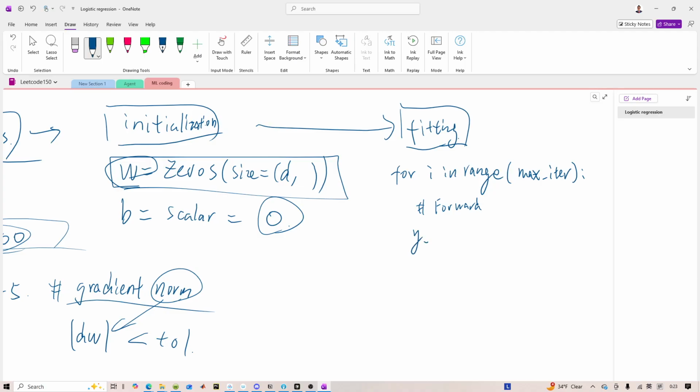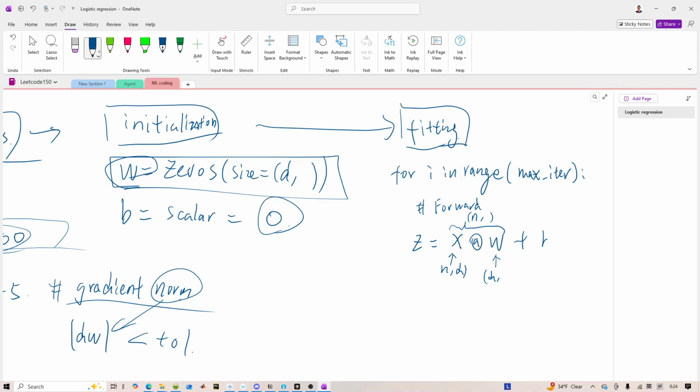which is essentially using the y hat equals... we can separate into multiple steps, like your z is equal to the x multiply the weights. Again, the weight is like d, the x is like nd, so the whole thing becomes like n, right?